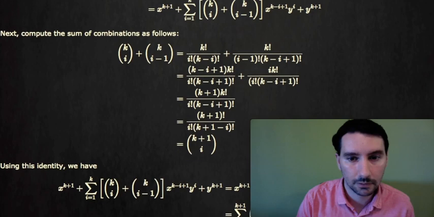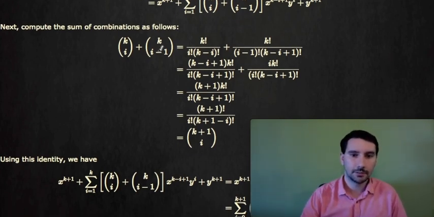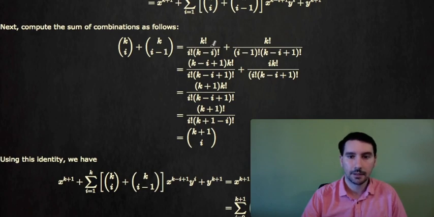So can we make that a simpler expression? If we take k choose I plus k choose I minus 1, we have k factorial over I factorial times k minus I factorial plus k factorial over I minus 1 factorial, k minus I plus 1 factorial.